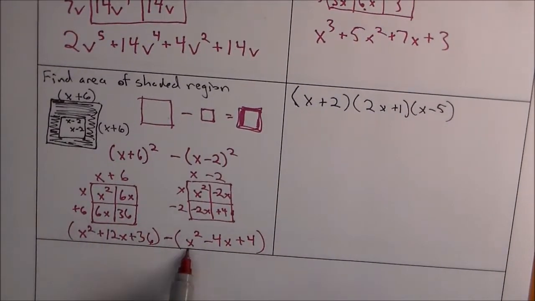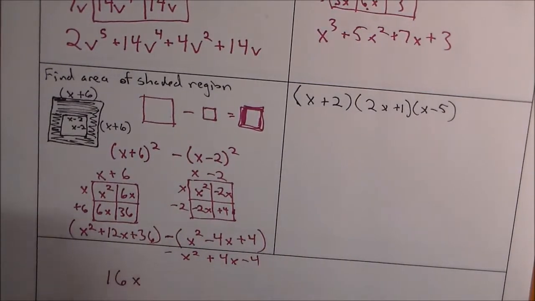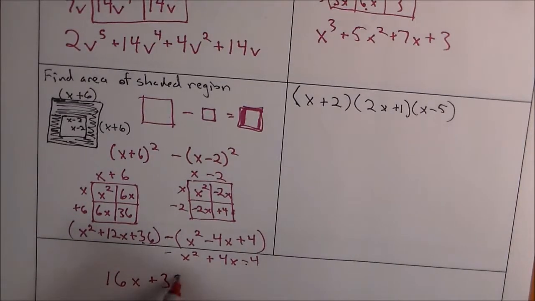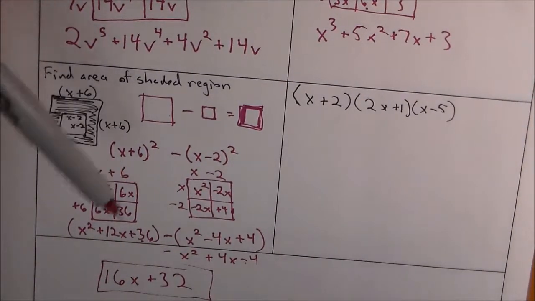So x squared minus x squared is just 0x squared. 12x minus negative 4, we should just bring down the negative here, change the signs. 12x plus 4x is 16x, and then 36 minus 4 is plus 32. So the area of that region turns out to be 16x plus 32. We found that multiplying for both of them and then subtracting to find the difference with like terms.